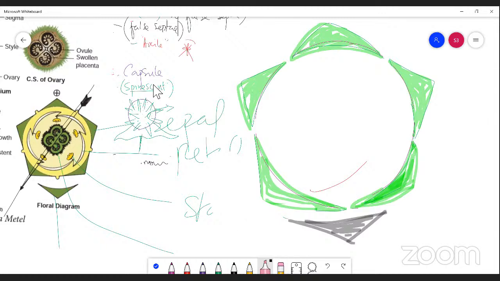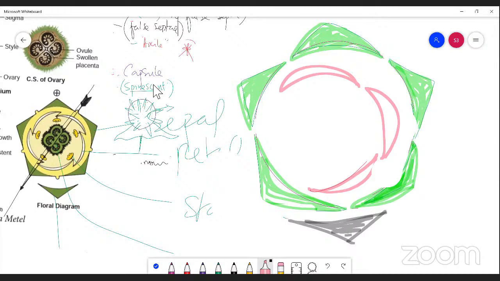The second petal should be taken, then the third, then the fourth, and the last one. So this is the arrangement of petals.